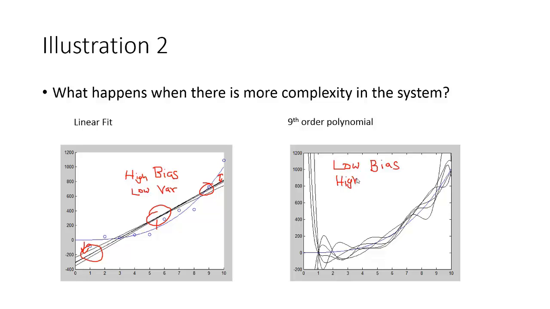What we mean by that is, on any given day, if I take any given data set, I take a sample and I try to fit this polynomial, I don't know which line I'm going to get. This line predicts some astronomically high value out here, whereas this curve predicts some astronomically low value out here. So there's such high variance. On a given data set, I don't know how I'm going to be predicting, and therefore, if I can have such high variance, it just means that I'm probably not going to do a very good job of predicting. I don't even know what I'm going to be predicting.